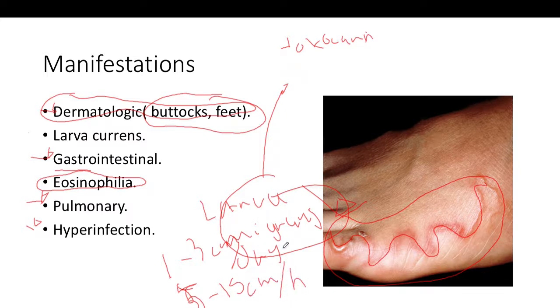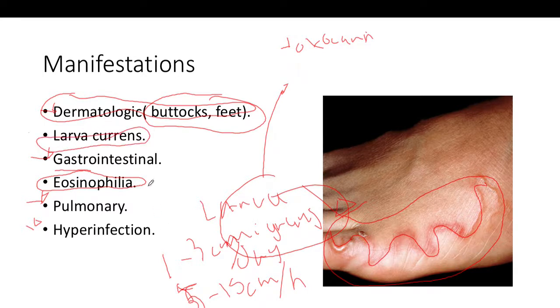Okay, so that's a way to at least differentiate the dermatologic lesions, but also the clinical presentation and the symptoms are different. Okay, and in these patients with strongyloidiasis, this dermatologic lesion is called larva currens.